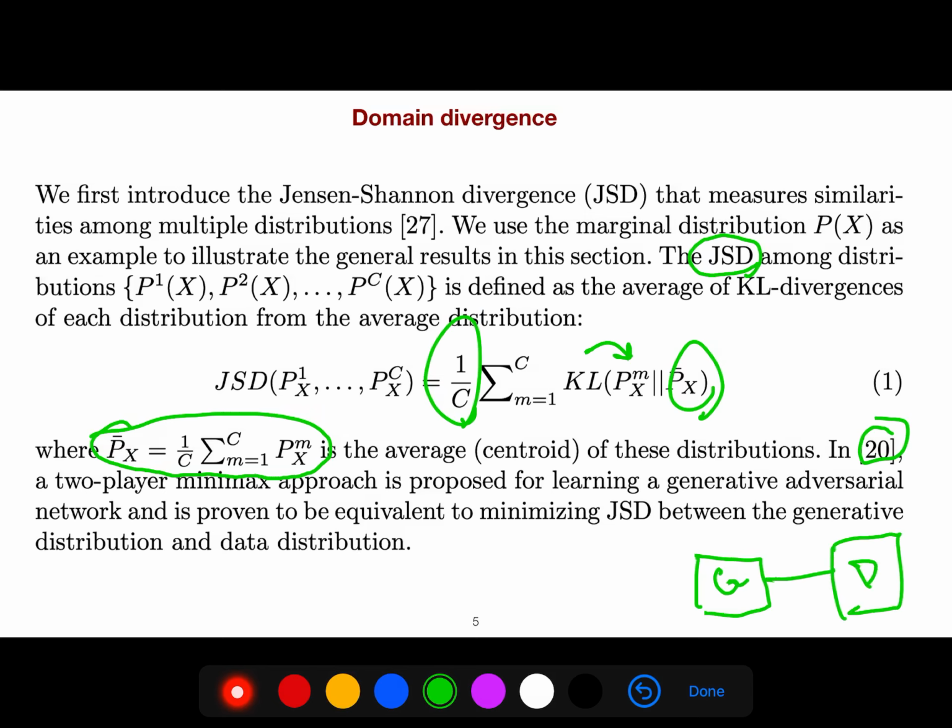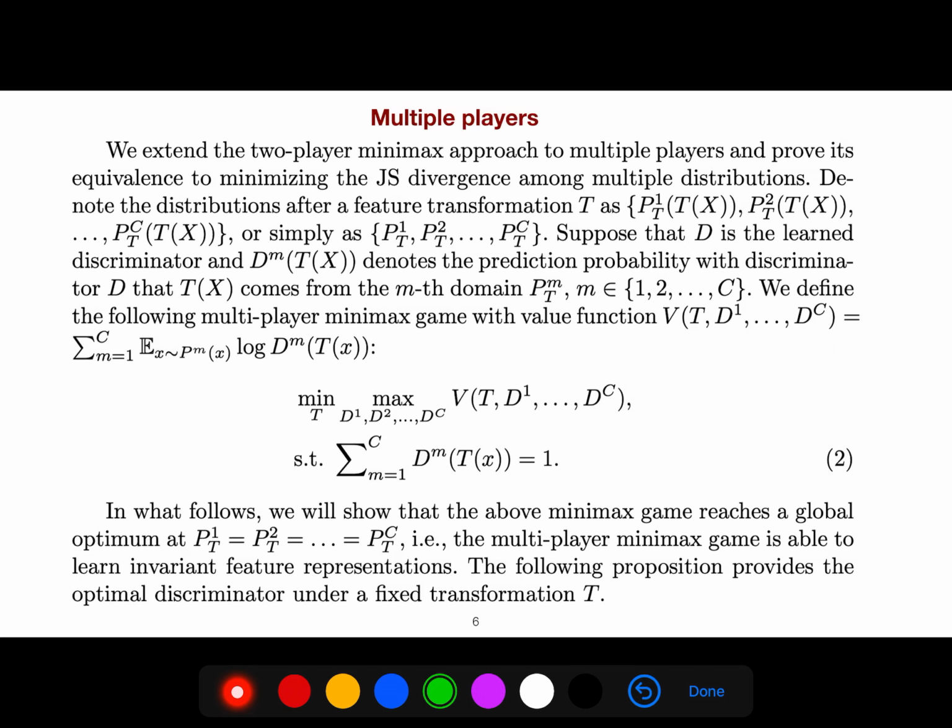The discriminator, for example, says it is from domain 0, domain 1, domain 2, domain 3. But the generator wants to fool that so that there is a kind of alignment between the distributions of these different domains. So we have multiple players. Now this is a contribution: we extend the two-player minimax to multiple players and prove its equivalence to minimizing the JS divergence among multiple distributions.